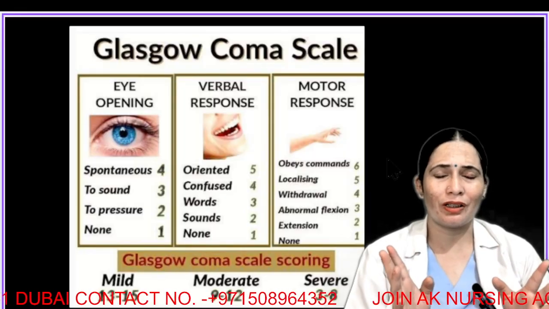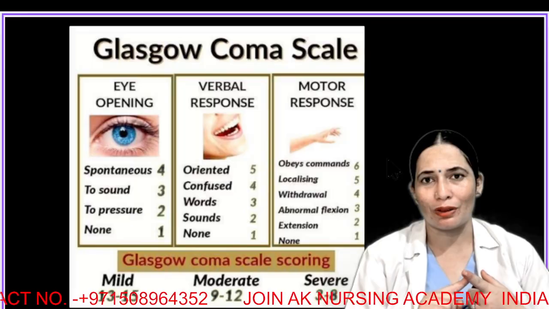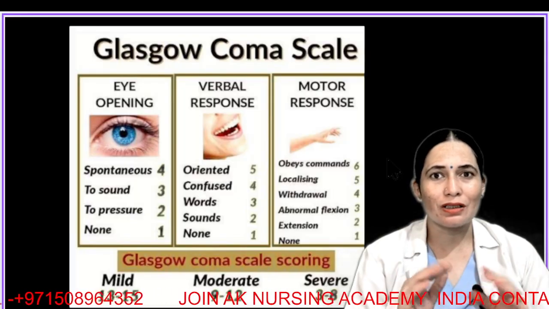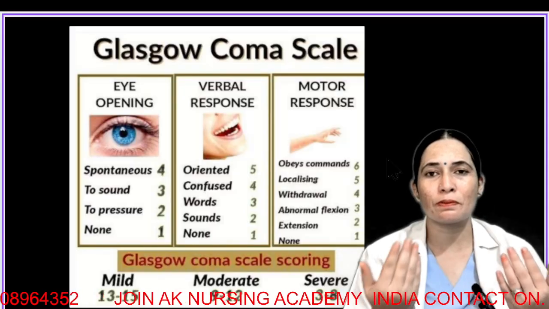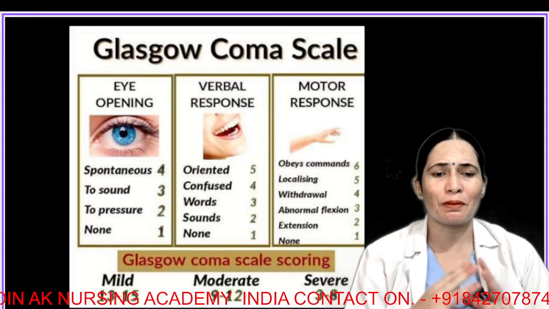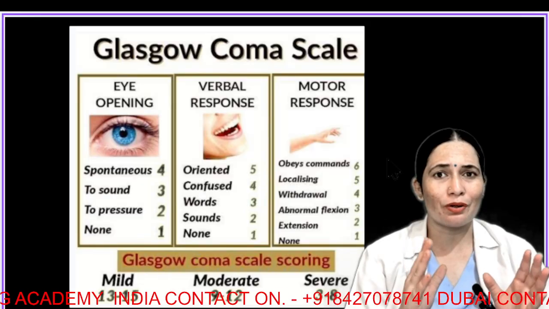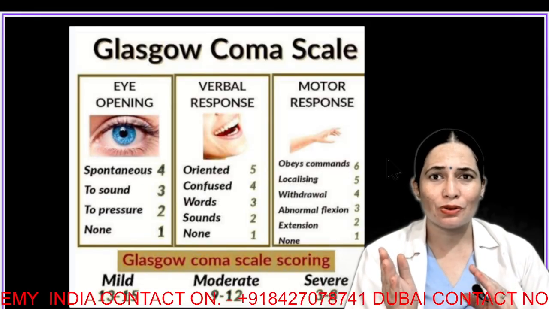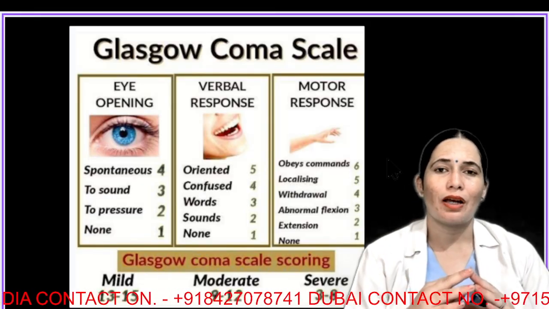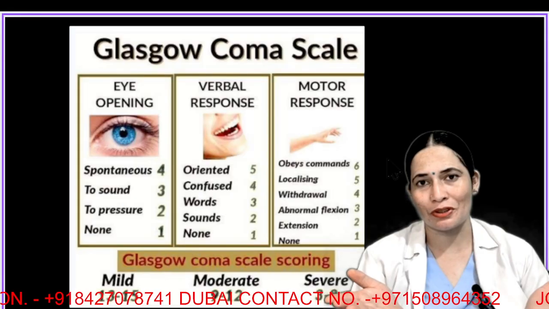So there are two types of stimuli, central and peripheral. We use the stimuli for assessing the patient's response. According to the patient's response to these stimuli, we count the scores and assess the level of consciousness of the patient.